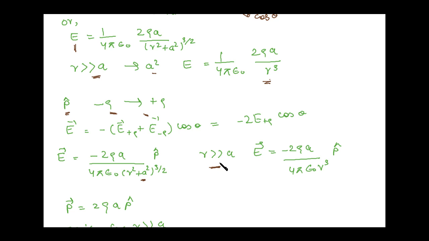And for far off distances, that is for r very much greater than a, E is equal to minus 2Qa upon 4 pi epsilon naught r cube p cap.